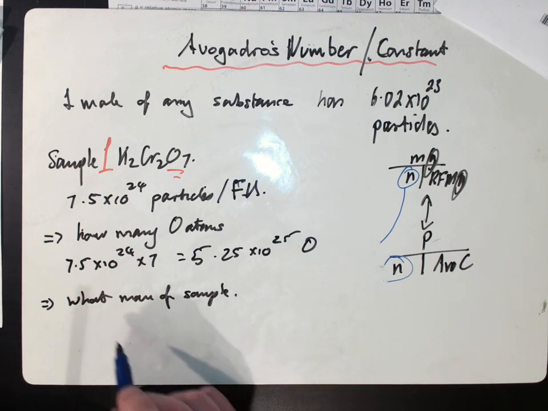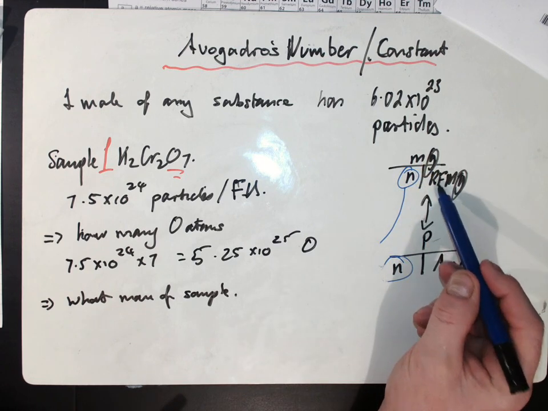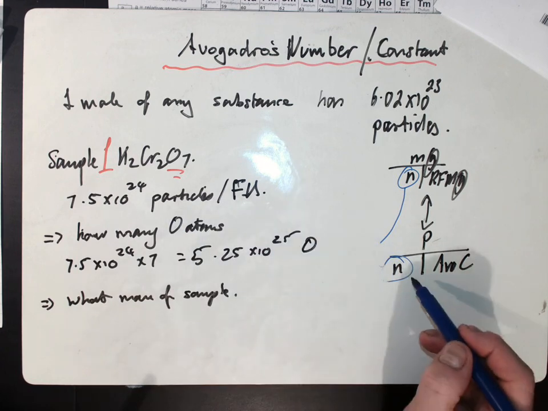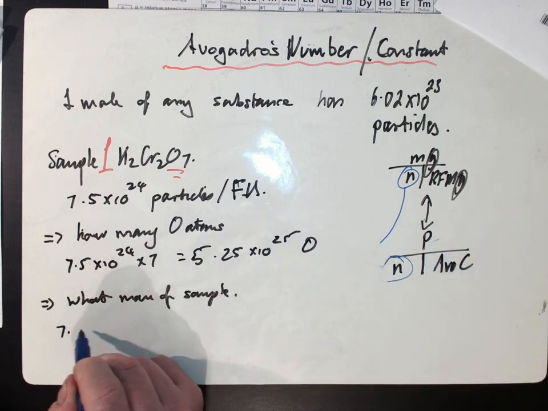Okay, what is the mass of the sample? Well, in order to get mass I need moles. Okay, I've got particles, so I can get moles because particles divided by Avogadro's constant.